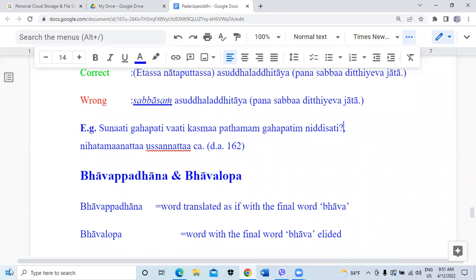Kahapatika. Bhuka. Sakala Buddha Vachan.